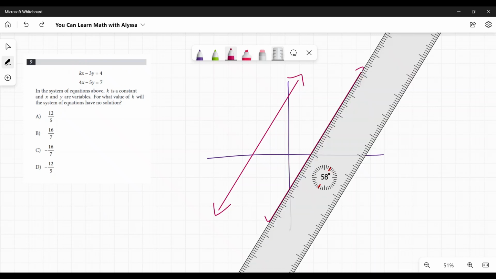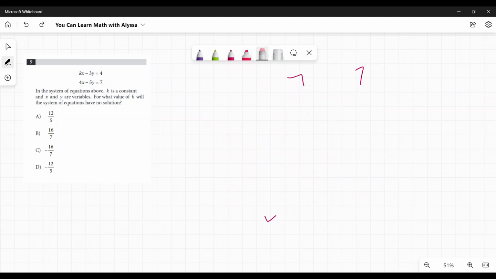Now, I think it's easiest to deal with slope if the lines are in slope-intercept form. So that's what I'm going to do. I'm going to change both of these into slope-intercept form so I can very easily see the slopes of these two lines. First on the left, to put it in slope-intercept form, you just need to isolate y.